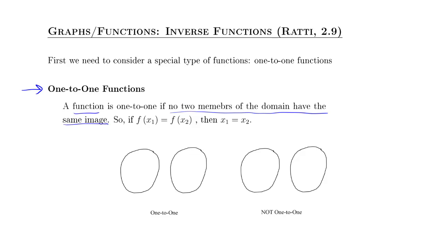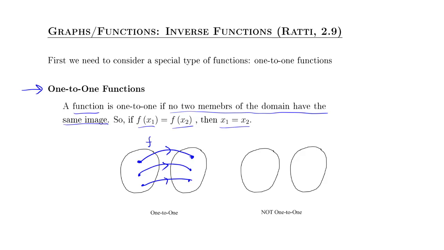Another way of saying that is that if f(x1) equals f(x2), then x1 has to be equal to x2. In other words, if two outputs are the same, they must have come from the same input. What would this look like? If you had a bunch of inputs in here and a bunch of outputs over here, and you went like this, and this, and this, this function f would be one-to-one.